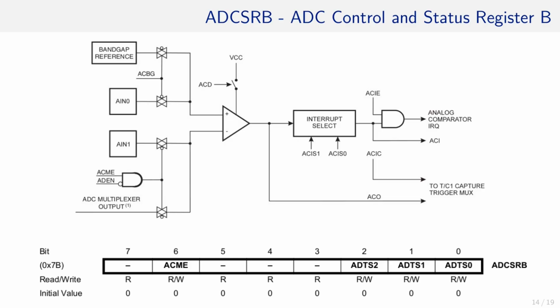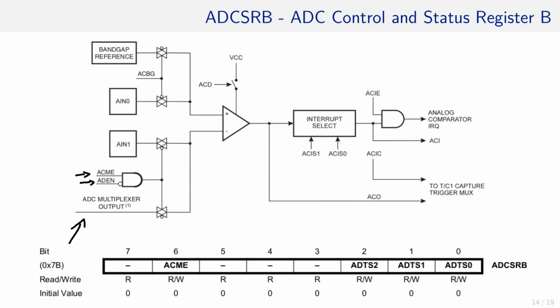There is only one configuration setting left that we have not discussed yet, here in this corner. We have the ADEN and ACME bits. The ADEN is the main power switch for the ADC in the ATmega, and even ACME was part of the ADC control and status register.